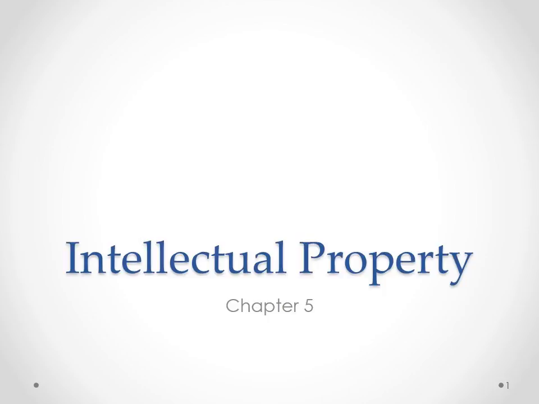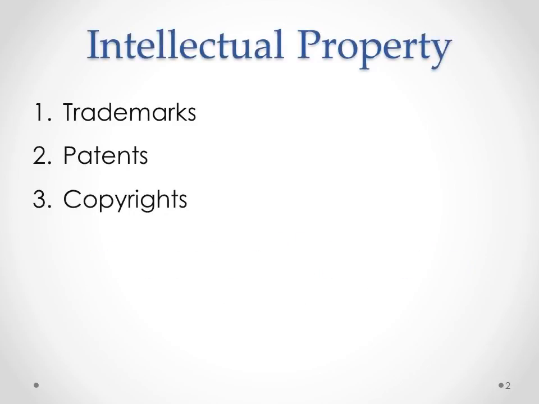Now, yes, we will talk later in the chapter about trade secrets, okay, and some other kinds of things. But when it comes to legal protection and the Constitution, which we'll look at in just a second, it's really those three: copyrights, trademarks, and patents. Those are the three broad categories that we'll look at.